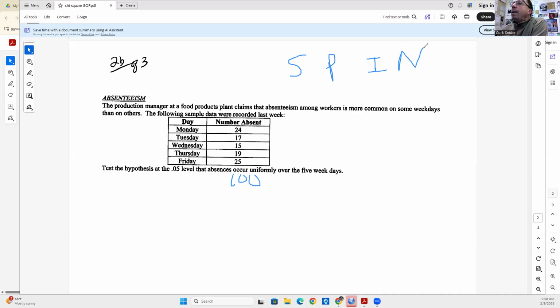And then, if you add 100 and divide by 5, these would be 20 each. So you're going to write out 20, 20, 20, 20, and 20. All the expecteds are bigger than 5. That's step one: HO, HA, write out the assumptions.